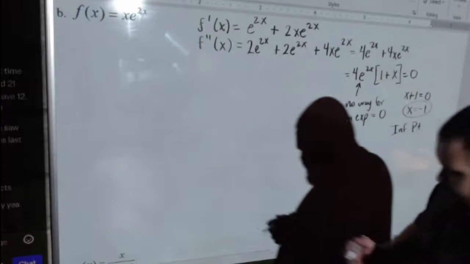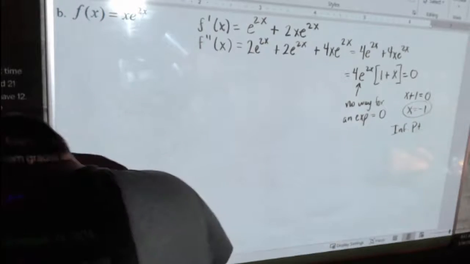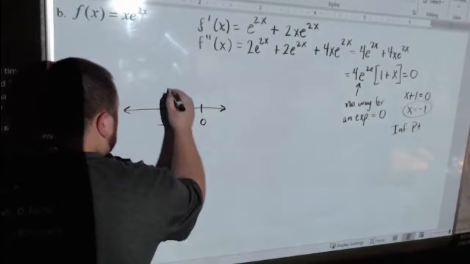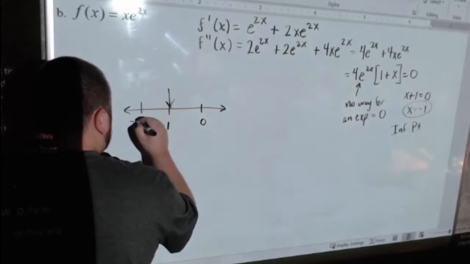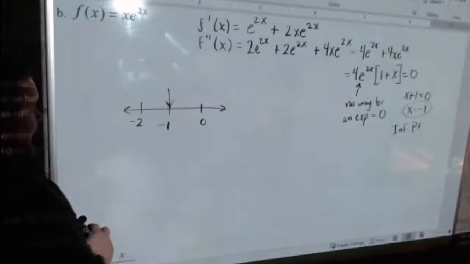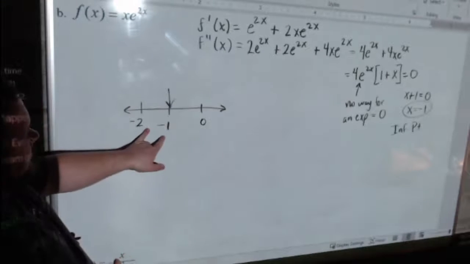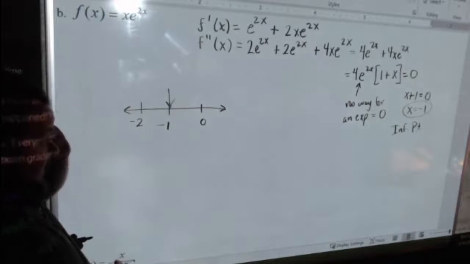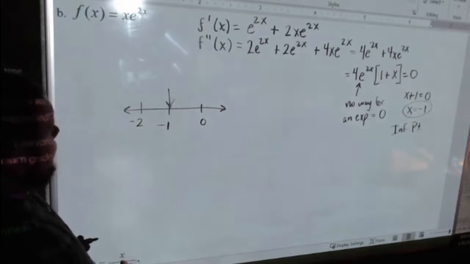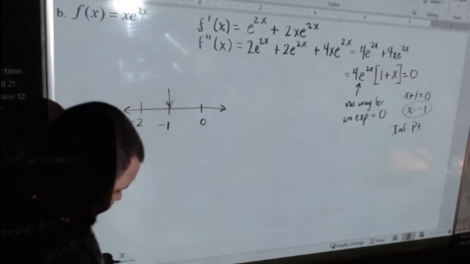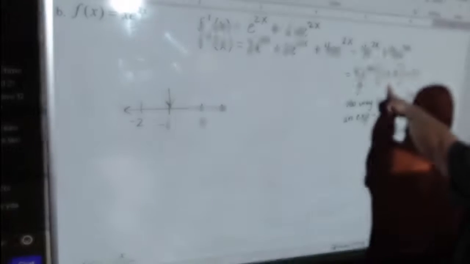So once again, I do my number line, and then I use my test points. Again, the exponential can't be negative, so I really just care what happens inside of 1 plus x.